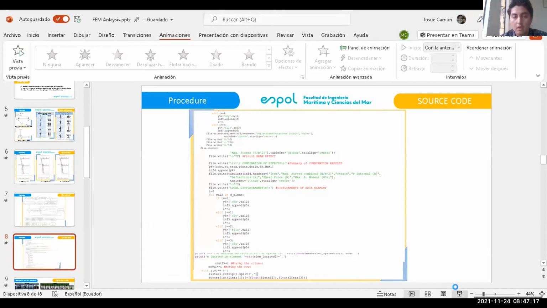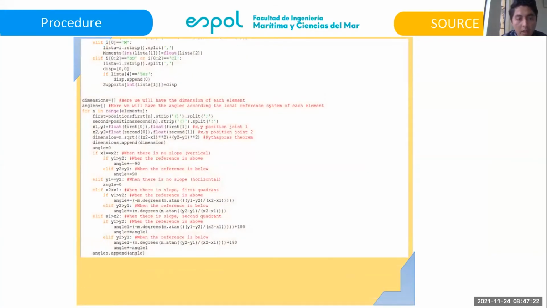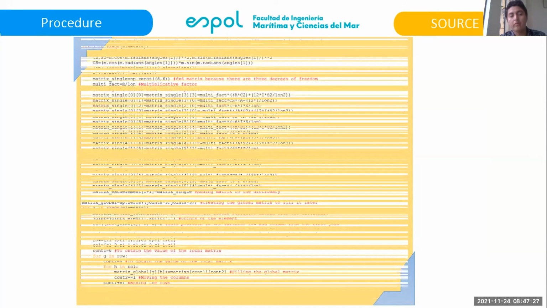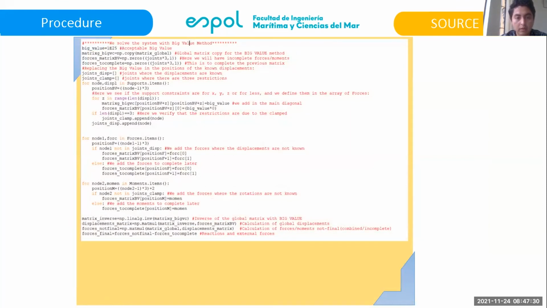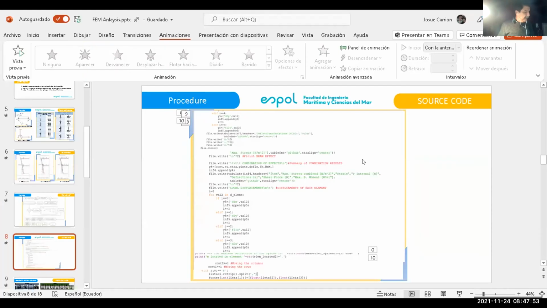Yeah, we have the code, and for the axial force, we first define the displacement, stress and internal force with the global matrix, using the local values. As we can see, in the range of the elements we have the displacement for each element, and then we can obtain the stresses and the strains. That's enough. That's a good question. That's good work.